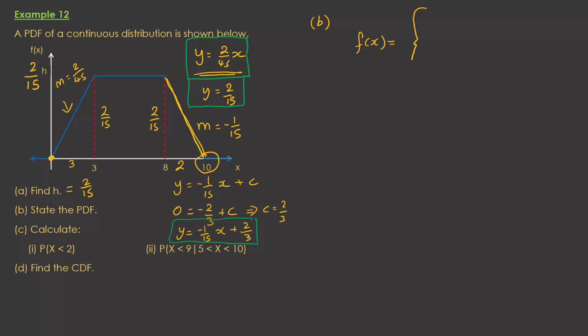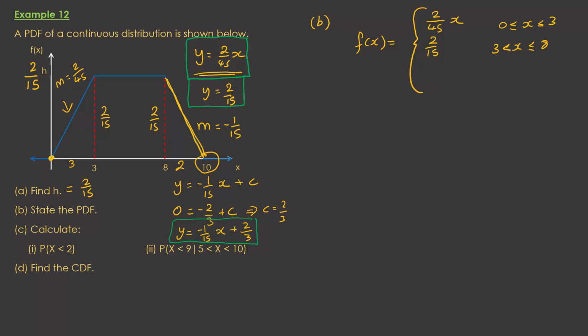So that is going to be 2 over 45x, which applies if x is between 0 and 3. It's going to be 2/15 if x is between 3 and 8, and that one there should just be a less than.